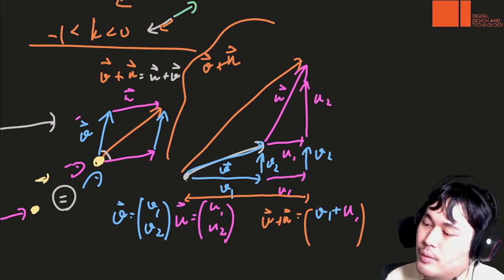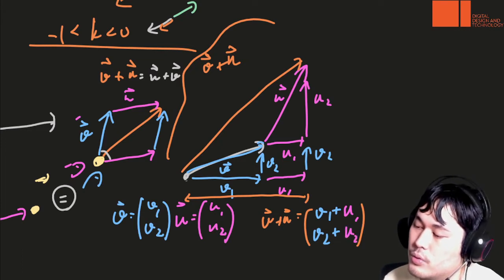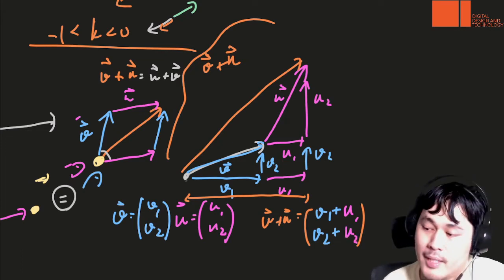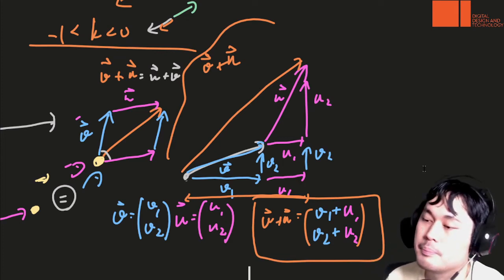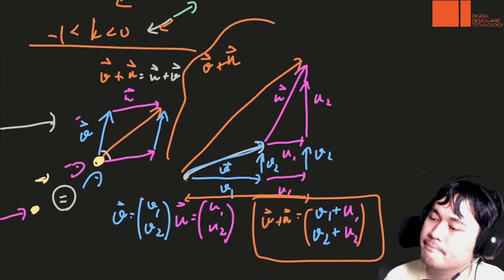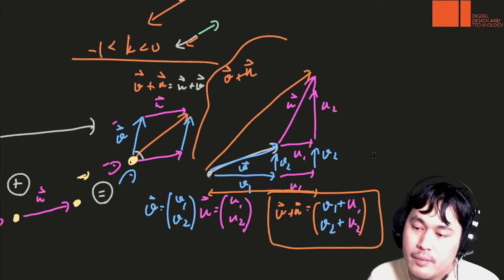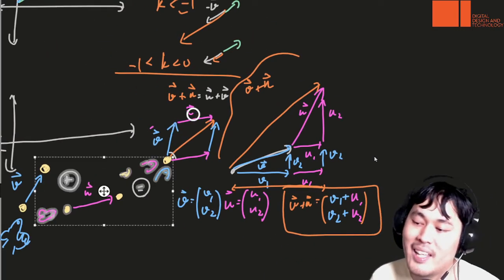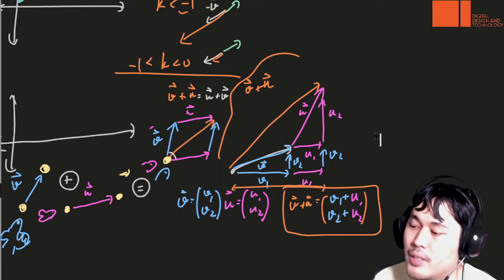And likewise, we have to move up by V2 plus U2. That's the reason why we define the addition this way. So that's vector addition, how we should define it, what it represents, and how we actually compute it.